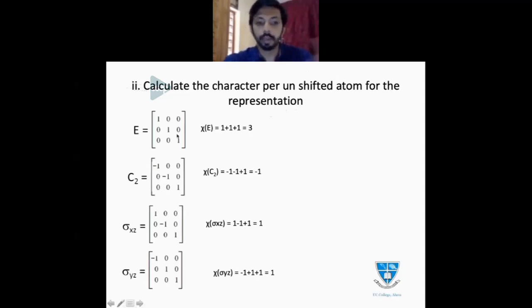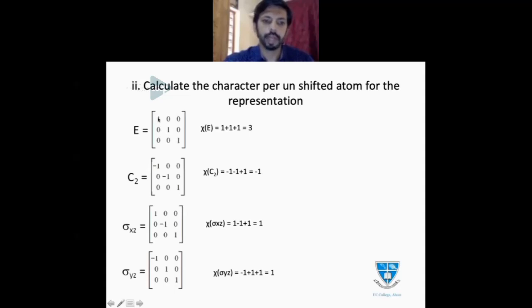As you have studied in your previous semester, that is E. For E, we already mentioned that these are the symmetry elements in the C2V point group: E, C2, sigma XZ, sigma YZ. This is the matrix representation for E: 1, 0, 0, 0, 1, 0, 0, 0, 1. In order to determine the character, very simple, we have to sum these diagonal elements.